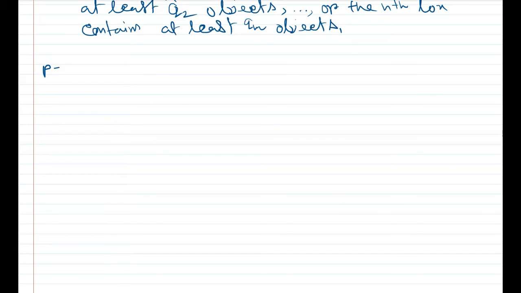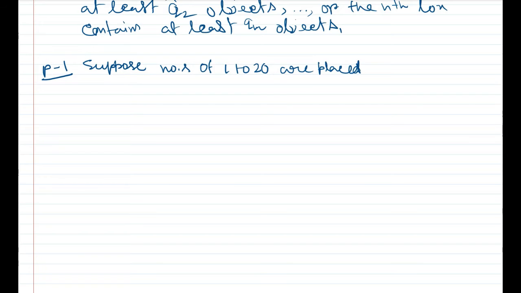Problem 1: suppose the numbers 1 to 20 are placed in any order around a circle.